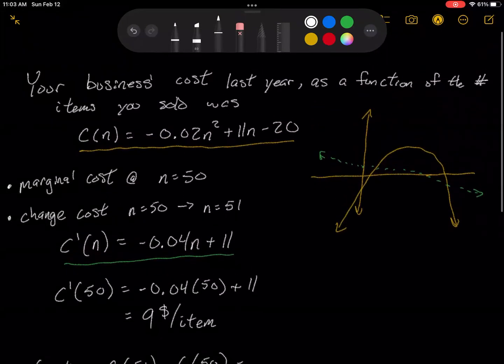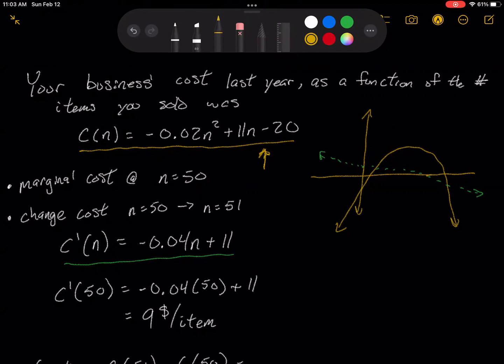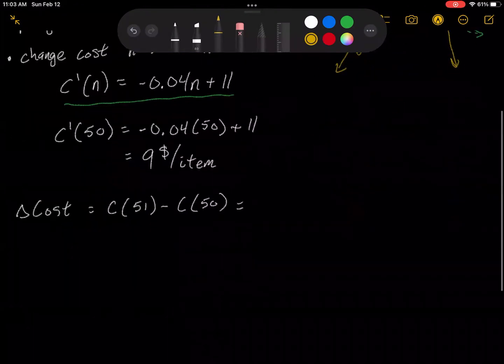So go back up to your cost equation, evaluate it at 51, and then subtract the cost function at 50 items. And again, I'll save you the algebra. Your cost at 51 minus your cost at 50 gives you $8.98.